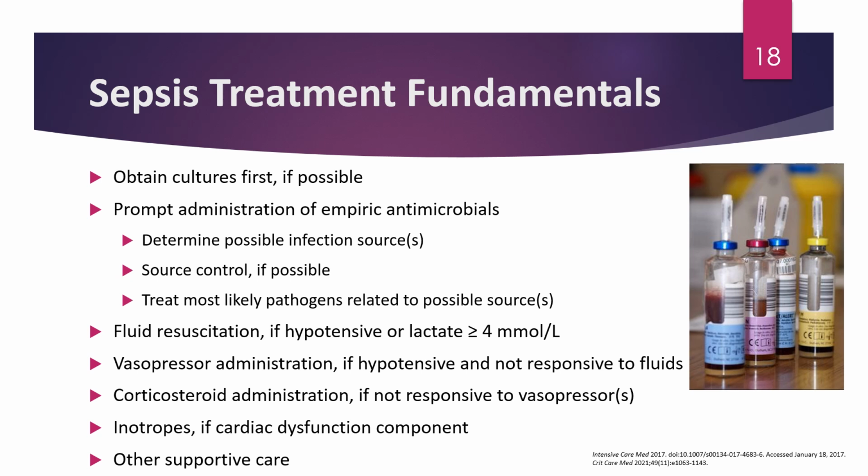If the patient is not responsive to fluids and vasopressors, we can also give corticosteroids like hydrocortisone. If the patient has a cardiac dysfunction component, with a low cardiac output, low cardiac index, or low ScvO2, we can give inotropic agents that stimulate the heart to increase its output. There might also be other supportive care measures we do for patients.